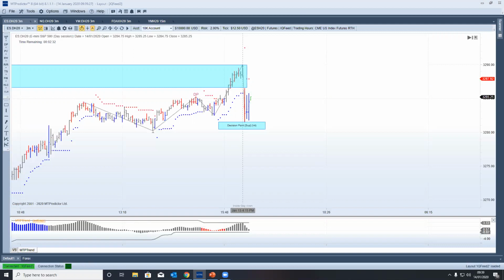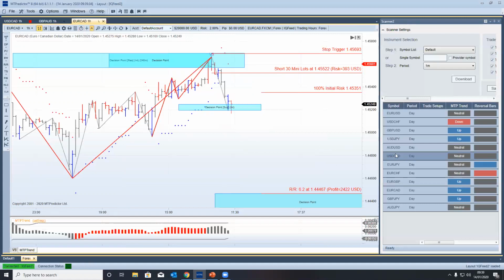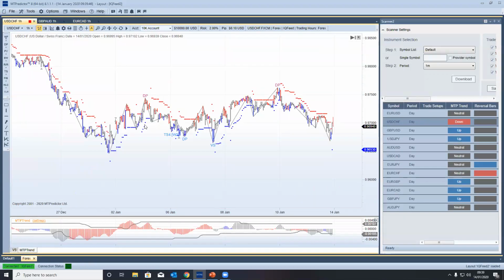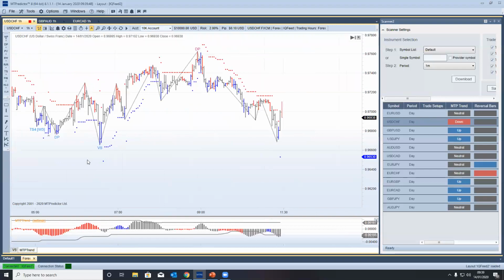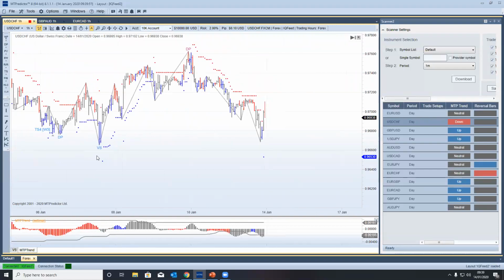As Mazir said, last Friday he took a very nice US dollar Swiss franc short.